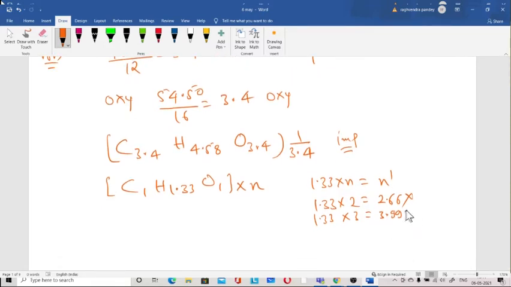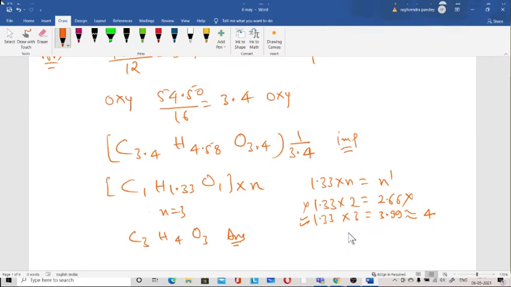So this will work, and we take n equal to 3, so the formula becomes C3H4O3, that is the answer.